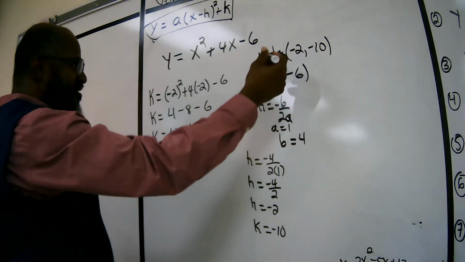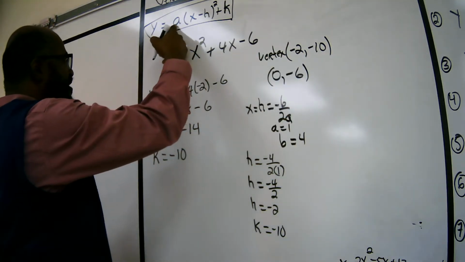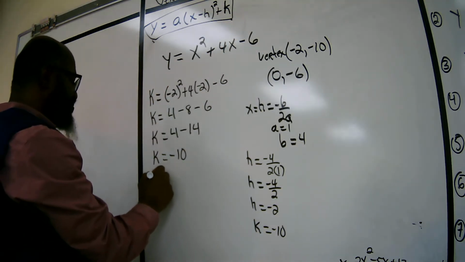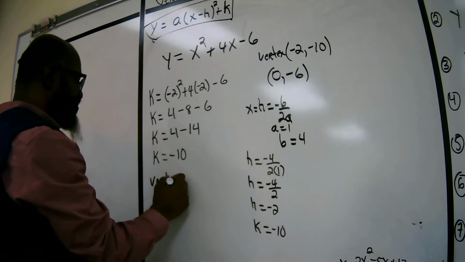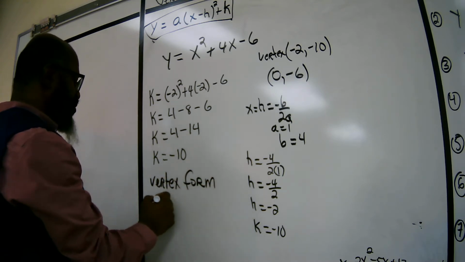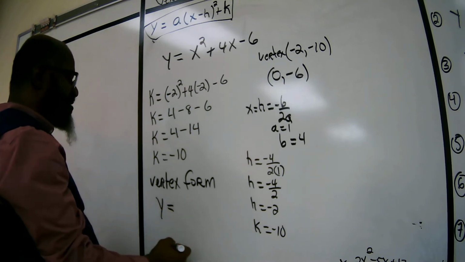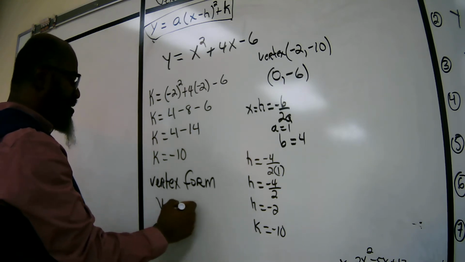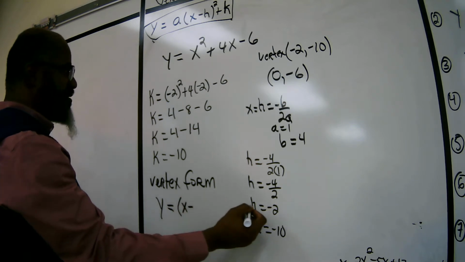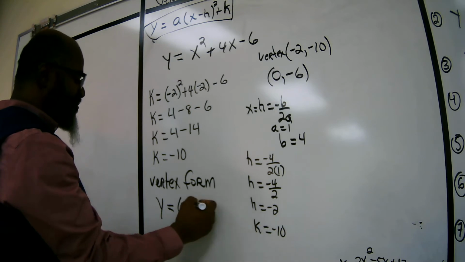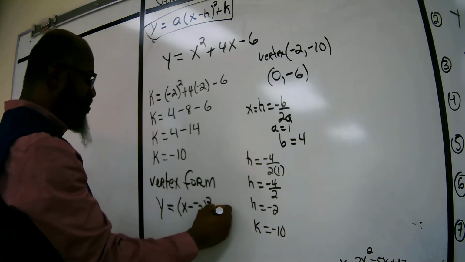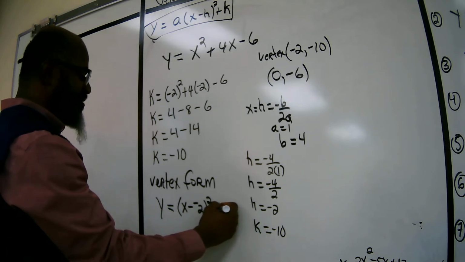So we have the vertex, we know a, then we can replace a, we replace h, we replace k, and that's your vertex form. Your vertex form equation will be y equals, or f of x, you don't have to put the invisible 1, x minus h, which is negative 2, squared plus k, which is negative 10.